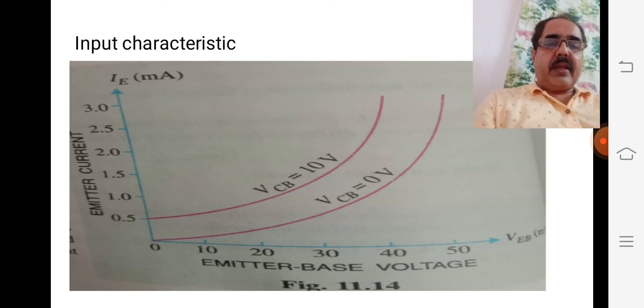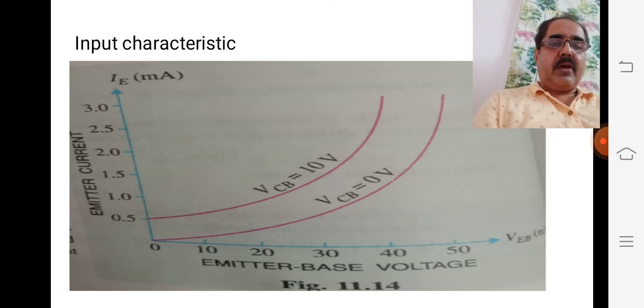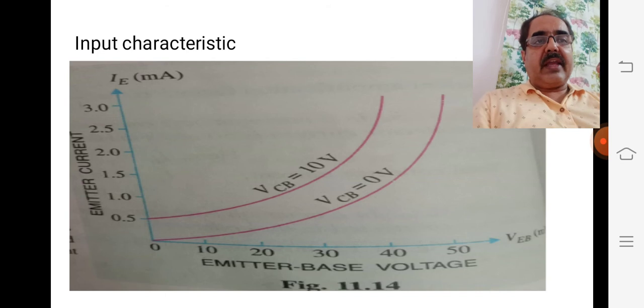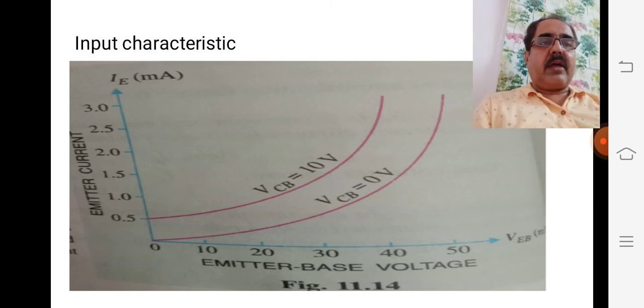The complete electrical behavior of a transistor can be described by studying the interaction of the various currents and voltages. When we take readings in the practical, you have to take readings for the voltage and for the current, and plot the graph, and this graph should be like this.